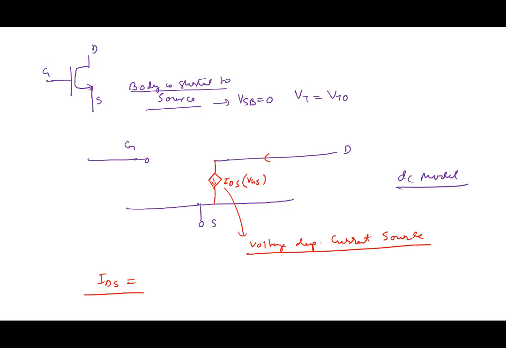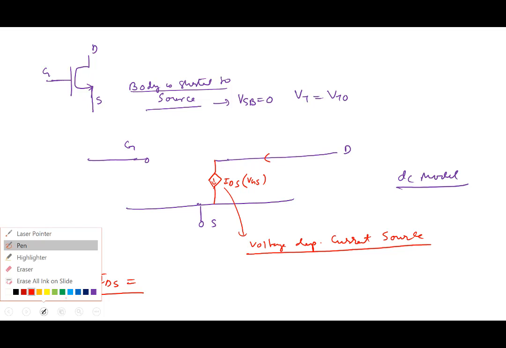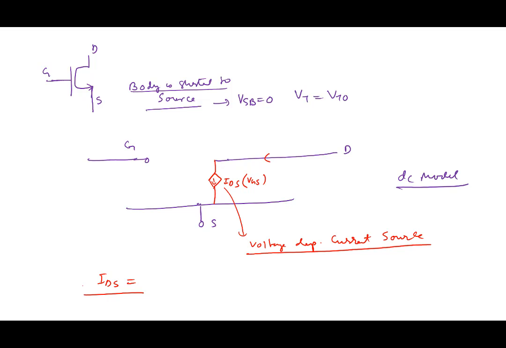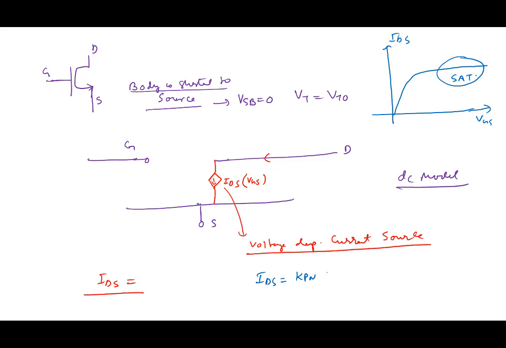Our interest is mostly in analog circuits, where these transistors are primarily used in the saturation region. Saturation is the constant region in the IDS versus VGS plot. There, IDS goes as KPN W by L, VGS minus VT squared by 2, into 1 plus lambda VDS.